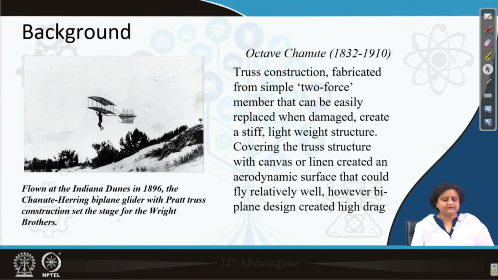The first aircraft structure developed by Chanute was made of truss structure, which was wrapped by fabric to give it an aerodynamic configuration. So, he started the use of truss structure to build the aircraft structure.